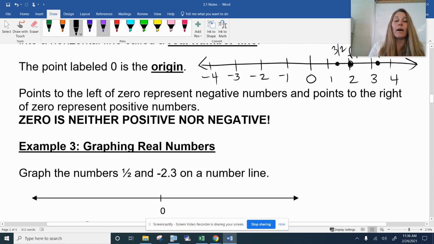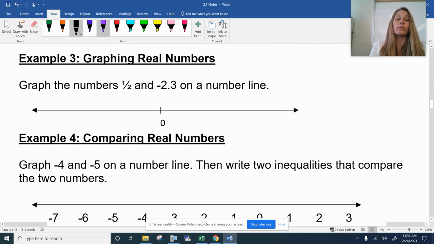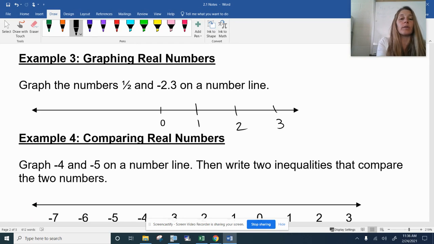So when we go to graph real numbers, they can be put somewhere on that number line. So we're starting out with a 0, and I'm just going to put a couple values on here. I know I'm not going to go past a 3, so I'm going to do 1, 2, and 3, and then I'm going to do -1, -2, and -3.